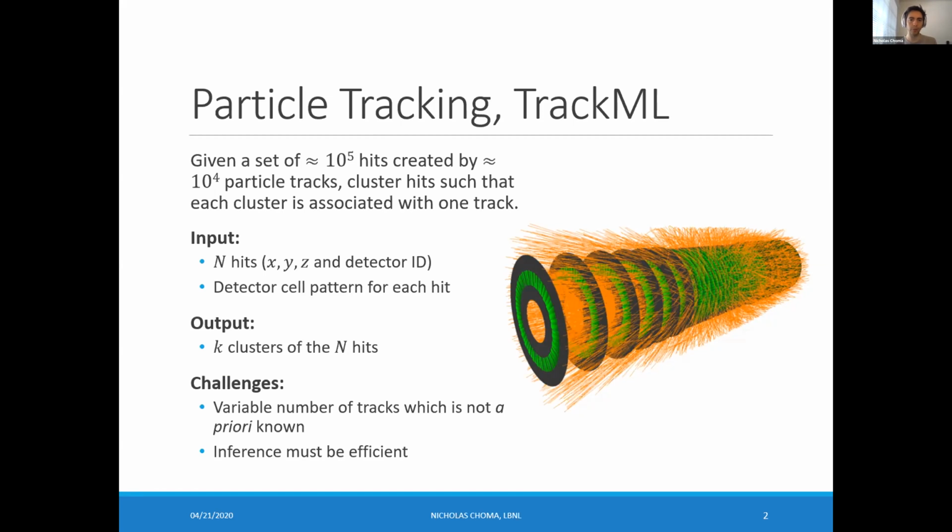We don't know beforehand how many tracks there are, and we don't know how many hits should belong to a track. Obviously, we need everything to be efficient, because 100,000 hits can be quite expensive if we're not subquadratic.